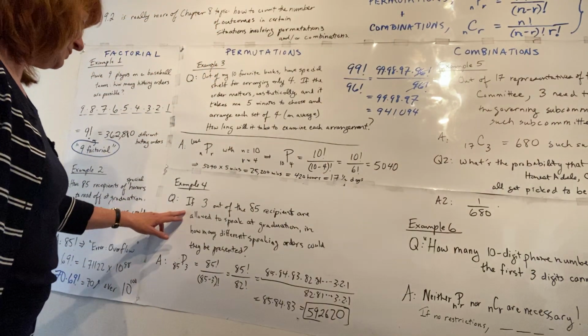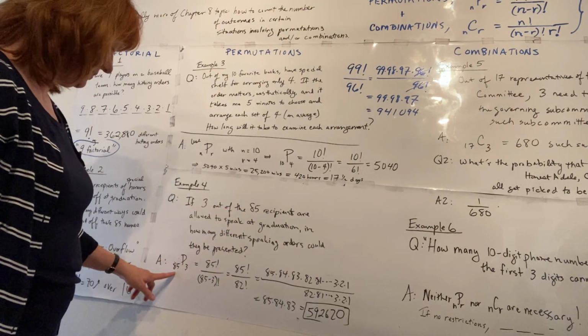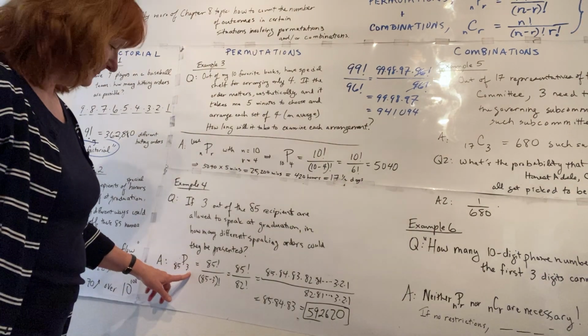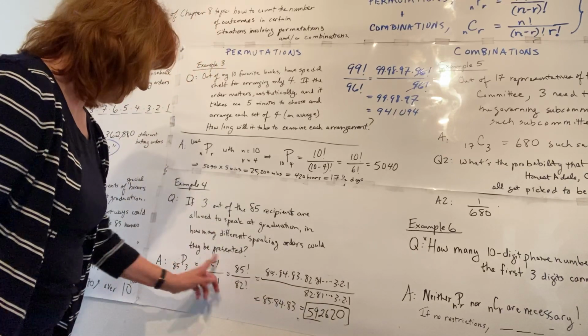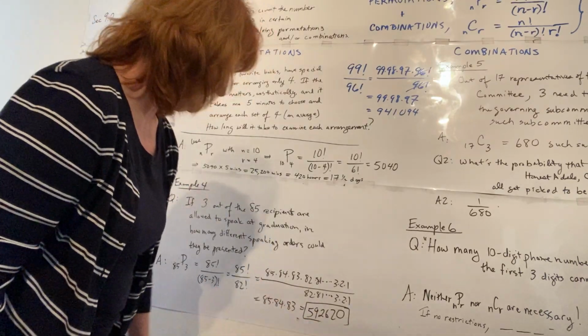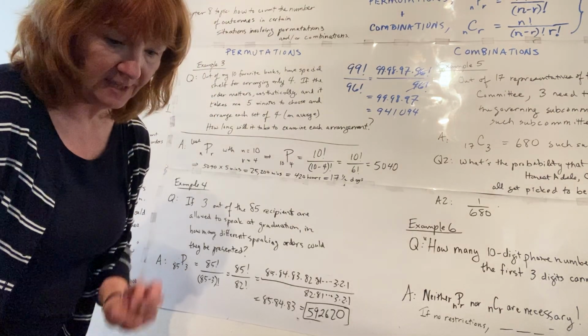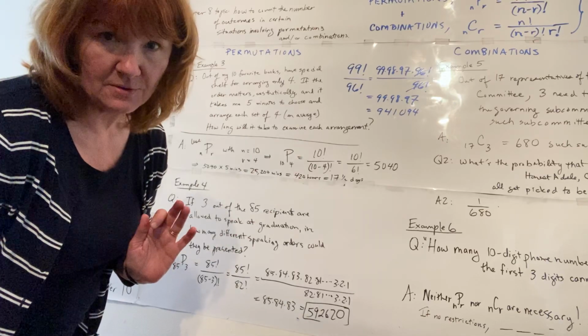If you wanted to know the number of permutations of 3 things out of 85, you could use 85 nPr 3. Yes, we could do the calculations, but you could just use that function and get 592,620 different ways of letting 3 out of the 85 recipients speak, arranging them as speakers.